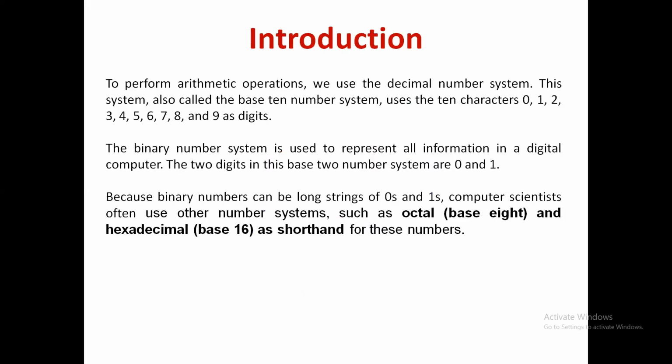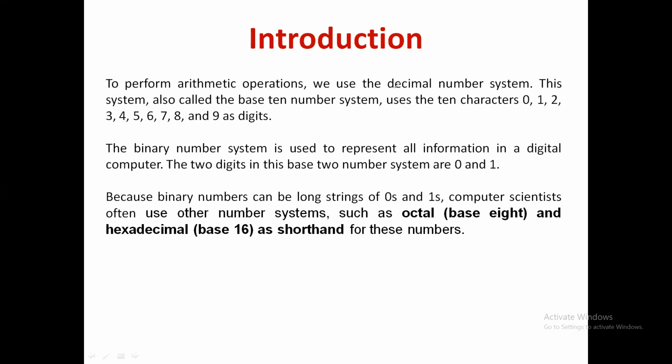We all know that there are four number systems available for usage in mathematics and for computer purposes also. The general number system which is used by humans is the decimal number system.